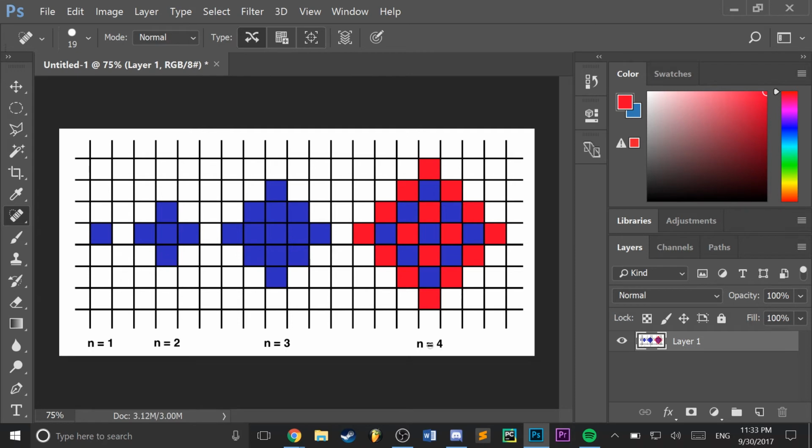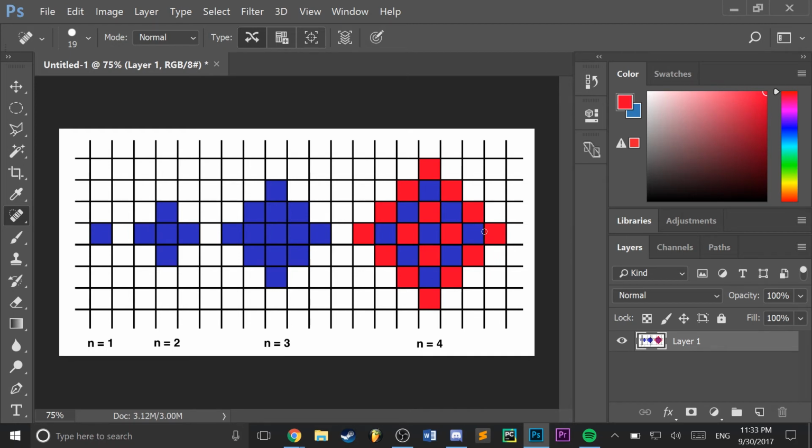This will help illustrate the pattern that's going on each time you increment n by 1. If we look at the pattern, we can see that there are 4 red diagonals that have 4 squares in each. And then we have 3 blue diagonals that have 3 squares in each.